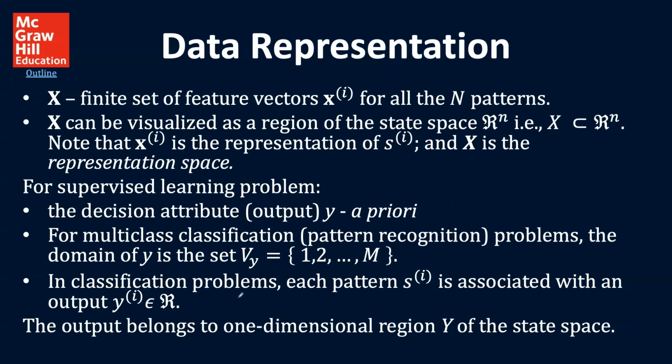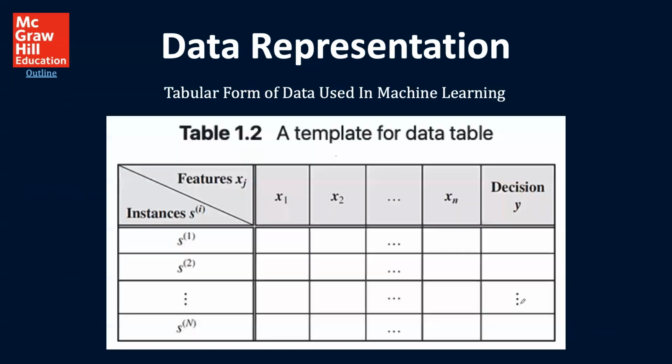In classification problems, each pattern S is associated with an output. The output belongs to a one-dimensional region Y of the state space. So this is getting a little bit complicated, but we're just trying to give you some of the syntax that we'll be leveraging. And here is a tabular form of data that would be used in machine learning.